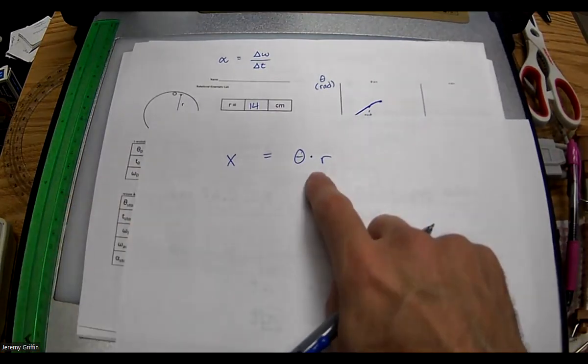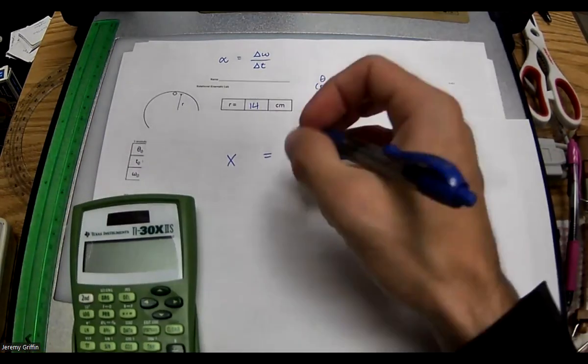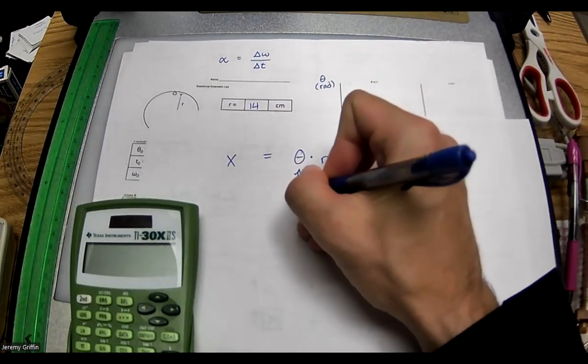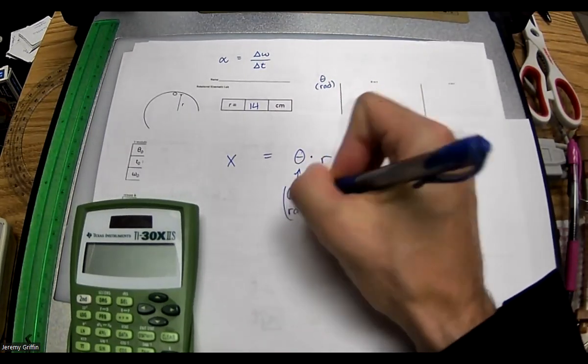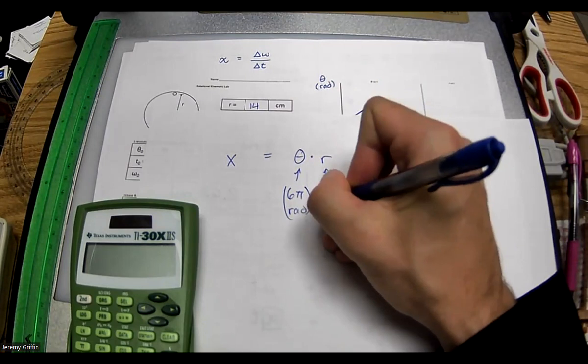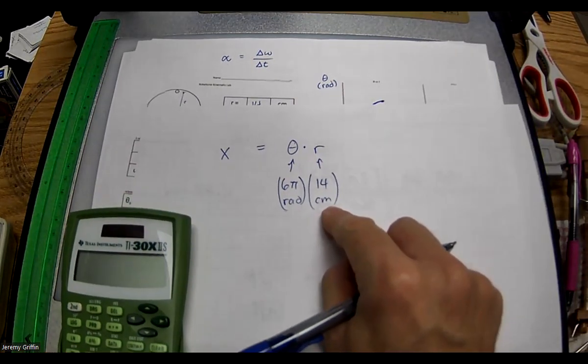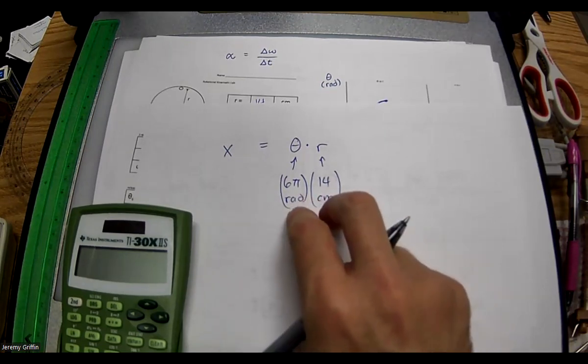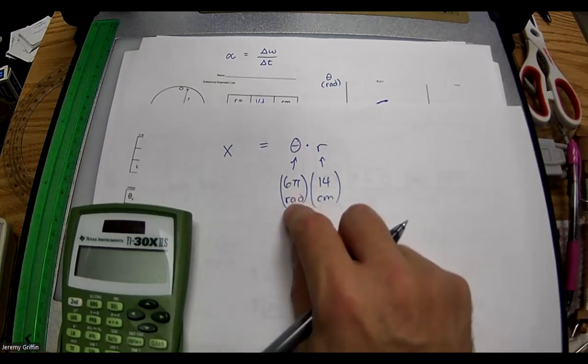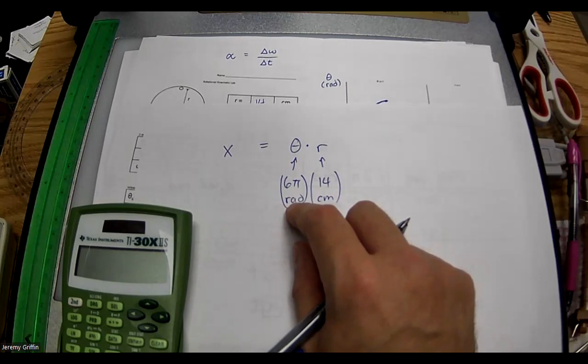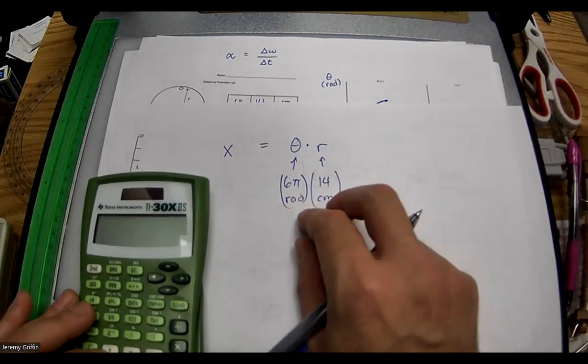So this was your 6 pi radians. Here's your 14 centimeters. If you like, you can think about this 14 centimeters per radius and see if the radius would cancel out. Radius is one of those tricky units where sometimes it can pop up or disappear. It has this really tricky way of canceling out.